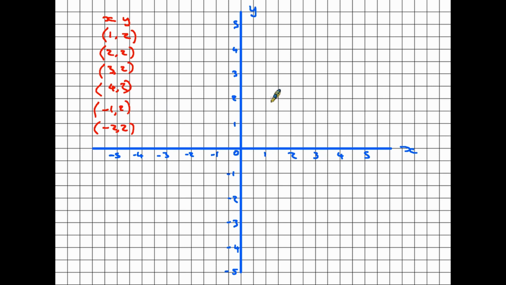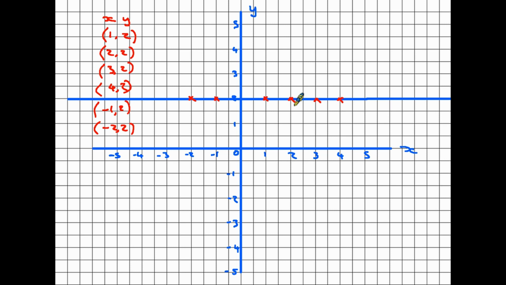We have (1, 2). We also have (2, 2). We have (3, 2) and (4, 2). I also have (-1, 2) and (-2, 2). Now, quite simply, we can show, if we use a ruler, that these points are in fact all on a straight line, and this line continues in both directions.